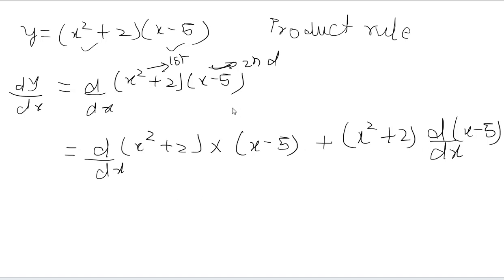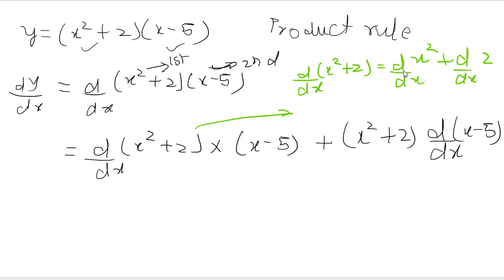Now this derivative we'll find by taking it out because it's slightly complex. So the derivative of x square plus 2. Since there are two things and one derivative, we share the derivative inside.